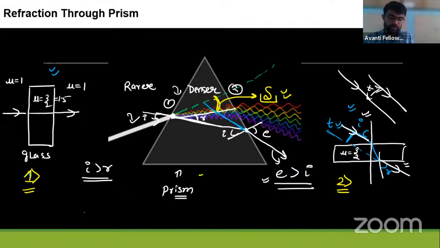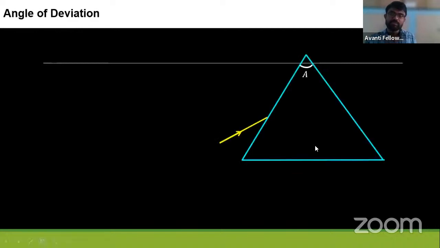Now we're going to talk about the angle of prism. Sorry, angle of deviation. So suppose I'm drawing in front of you this thing. See, this is a prism.